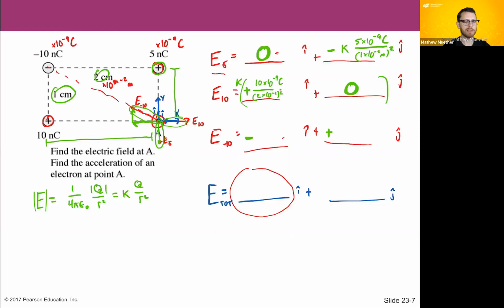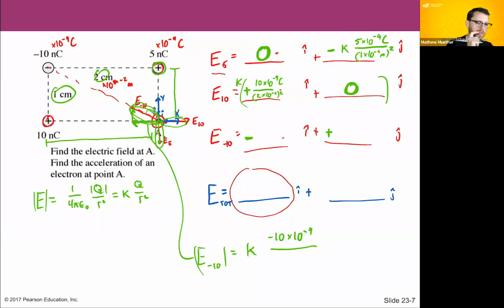Now, what about this minus 10 charge? Well, I know the magnitude. So here's E10. I know the magnitude of E minus 10 had better be k times minus 10 times 10 to the minus 9 divided by, now the distance, what's the distance that I need here? I need the distance from this negative 10 nanocoulombs to point A. Okay.